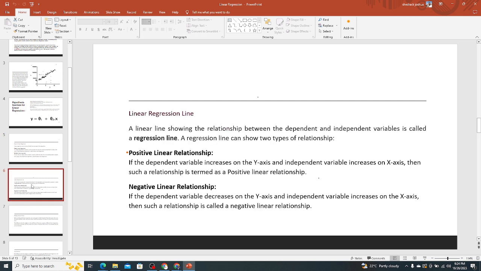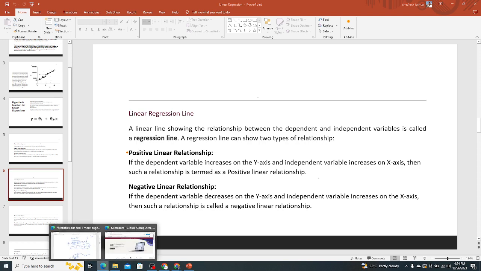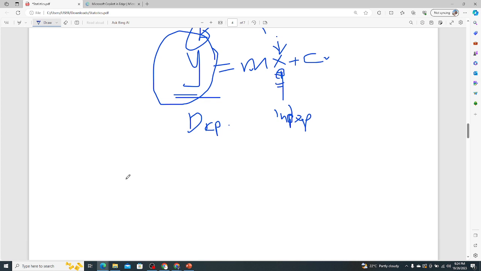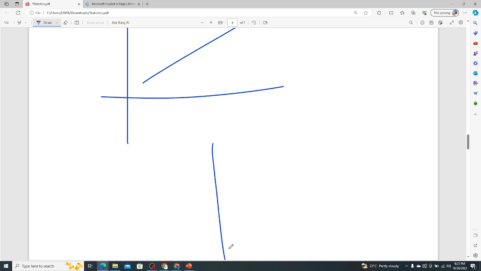Good. Let's go to the linear regression line. Definitely for regression lines, we might have two: either a positive linear regression line or a negative linear regression line. Let me illustrate that. Let's assume we have this graph.